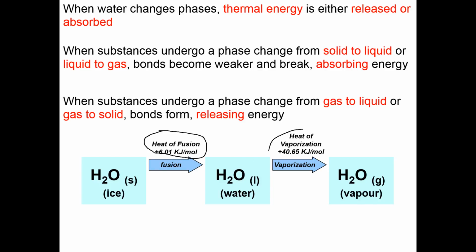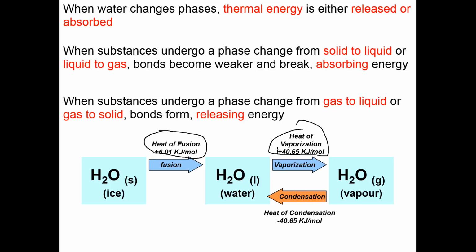The heat of vaporization is the same concept, except it's for evaporation, or vaporization, which is 40.65 kilojoules for 1 mole of water to change from liquid to gas form. The opposite process is called condensation.